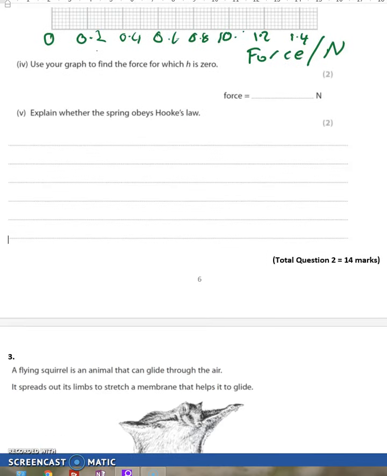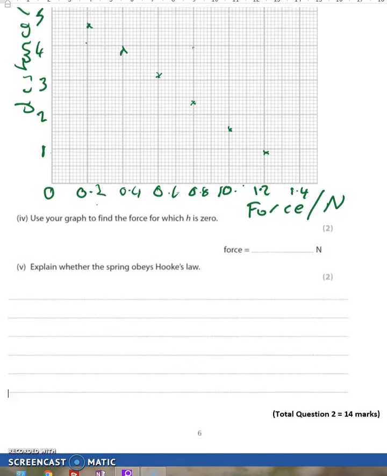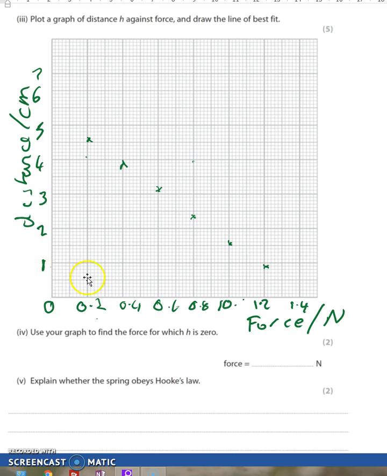So the idea is here that in a graph you need to use the full graph paper by choosing the correct scales. Now, some of you were using 3 squares for 1 centimetre. Now this is what we call awkward scales, and it makes it really difficult to plot accurately.